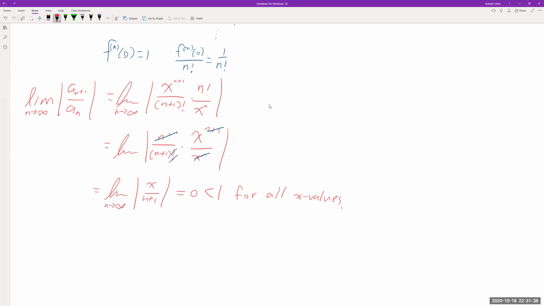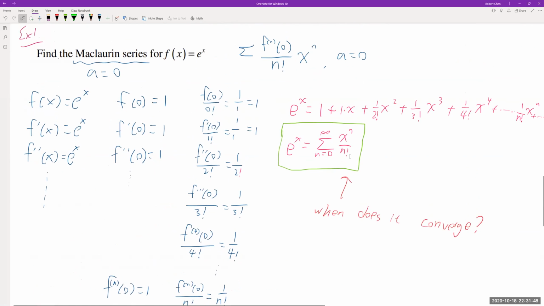So the radius of convergence is infinity. That basically sums up the Maclaurin series for e to the x, and we are going to try this method on a few different functions. Let's take a look at a few more.